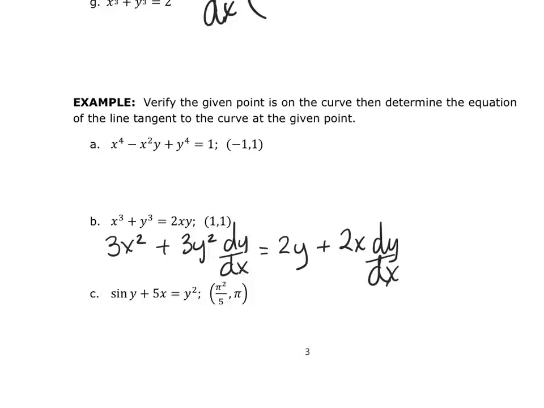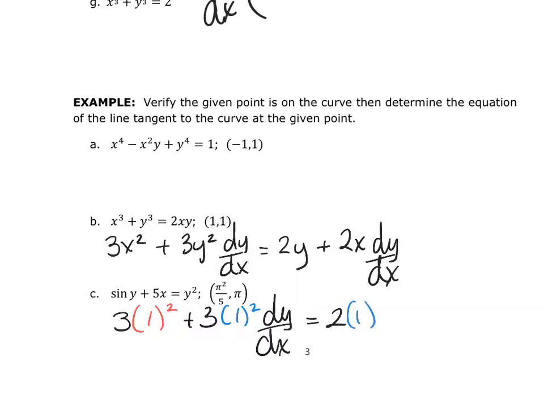So because I'm given the point (1, 1), wherever I see x, I'm going to replace it with 1. So this is going to be 3 times 1 squared, that's my x value, plus 3 times y squared, which is just 1 squared, dy/dx, is equal to 2 times my y plus 2 times my x dy/dx.